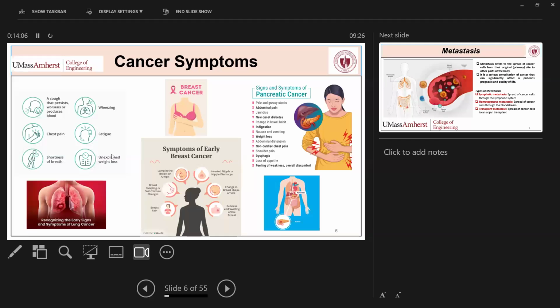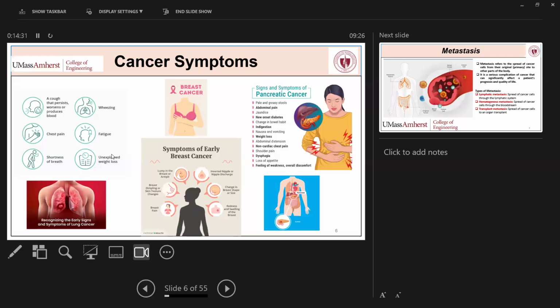It's so difficult to diagnose, because look at the symptoms: pale and greasy stools, and nobody is going to check our stool, right? Abdominal pain, jaundice, new onset of diabetes, change in bowel habit, indigestion, nausea and vomiting, weight loss, shoulder pain. All these are symptoms of pancreatic cancer.